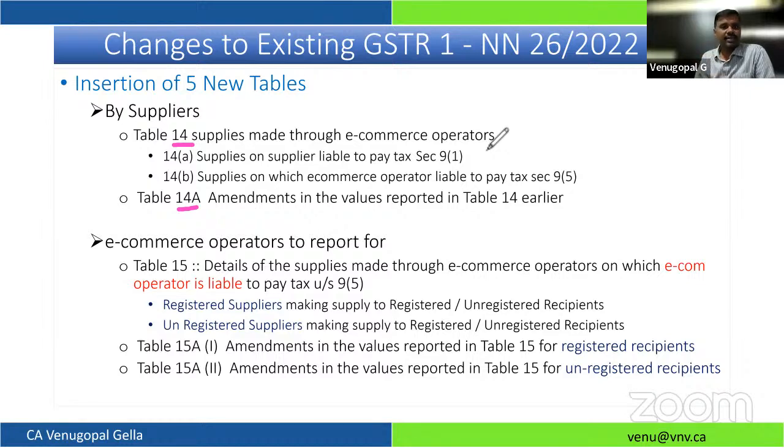It's a forward charge levy, but I'm using their portal only to make a supply. Let's take another scenario. I am part of the Ola Uber network. I am providing service. Now, in this case, who is responsible to collect and pay taxes to the government? It is the e-commerce operator.